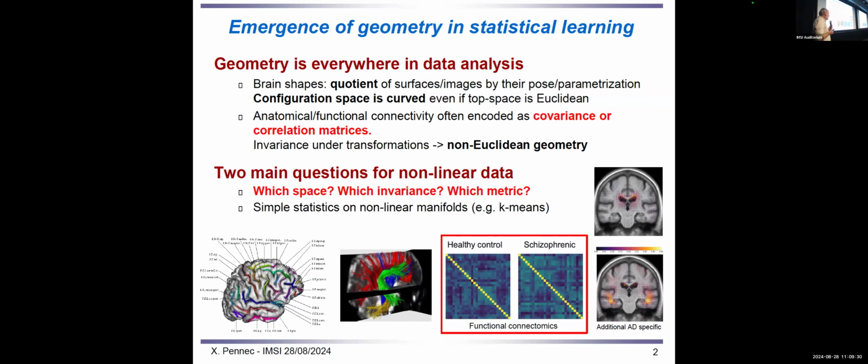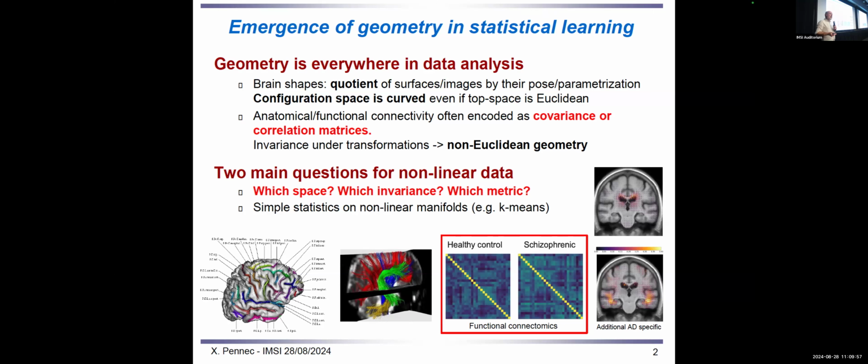So the first thing I want to stress is the importance of geometry in data analysis. And one example is the example of shapes that we have seen with the previous talk and the talk of Laurent. So if you take, for instance, the surface of the brain and you want to do statistics on the shape of it, maybe you want it to be invariant with respect to the position and orientation in space, or with respect to the parametrization of the surface.